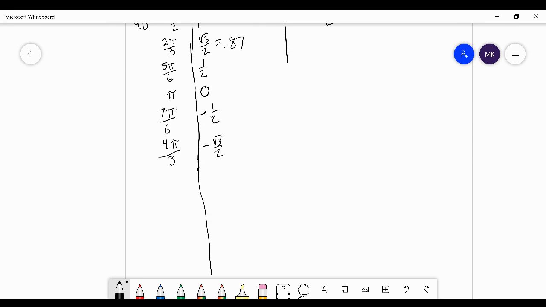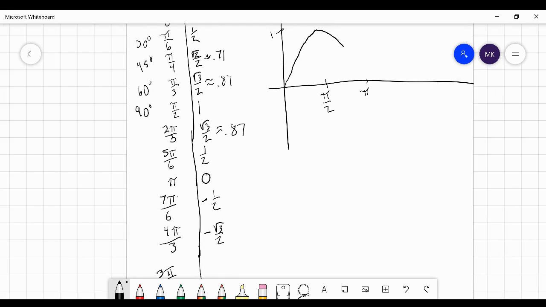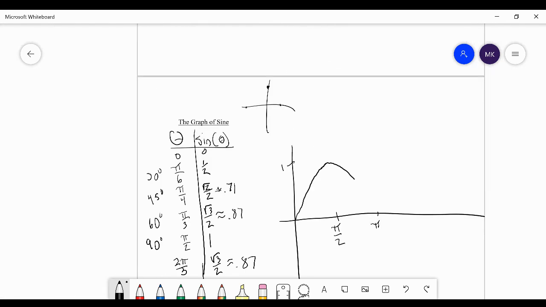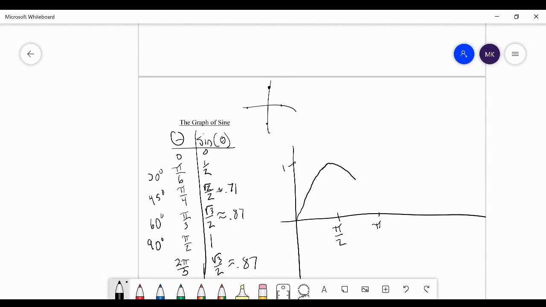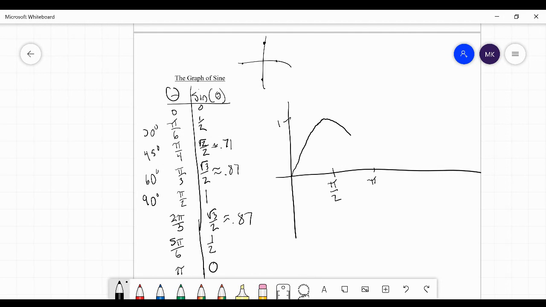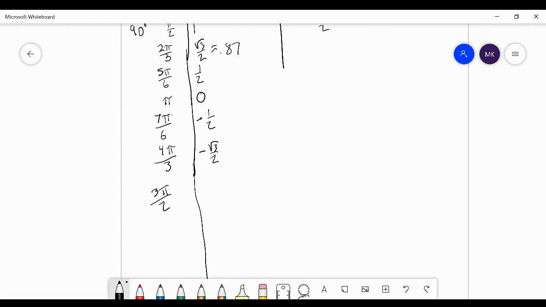Let's keep going. 3 pi over 2 is right down here, which means the r and the y value are the same. But the y value would be negative, so 3 pi over 2 gives us negative 1.